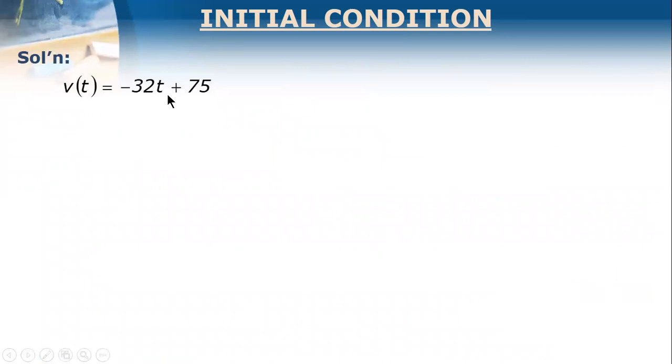First, this is the expression of v, negative 32t plus 75, given in the problem. We all know in physics that velocity is the rate of change of distance with respect to time.